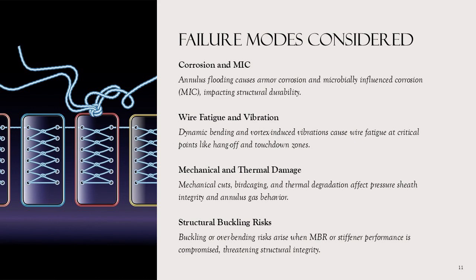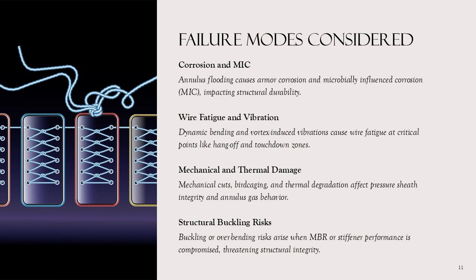The assessment considers multiple failure modes, including annulus flooding leading to armor corrosion and wire fatigue due to dynamic bending at hang-off, wave zone, and touchdown point, as well as vortex-induced vibration, fretting and wear between layers, thermal and chemical degradation affecting pressure sheath and annulus gas behavior, mechanical damage such as outer sheath cuts, end fitting issues, birdcaging, and wire breaks, and buckling or overbend risks if MBR or stiffener performance is compromised.